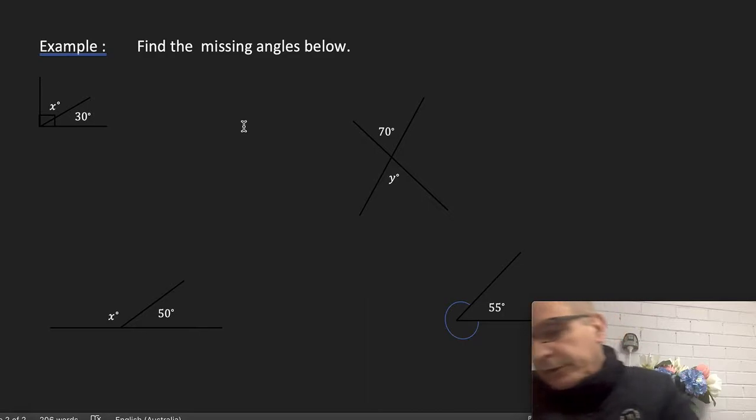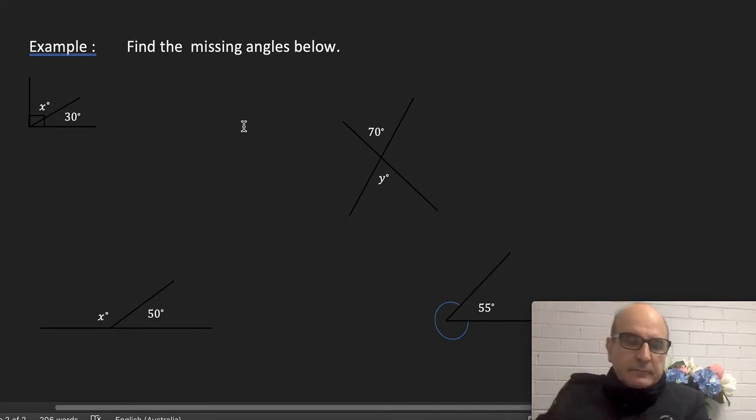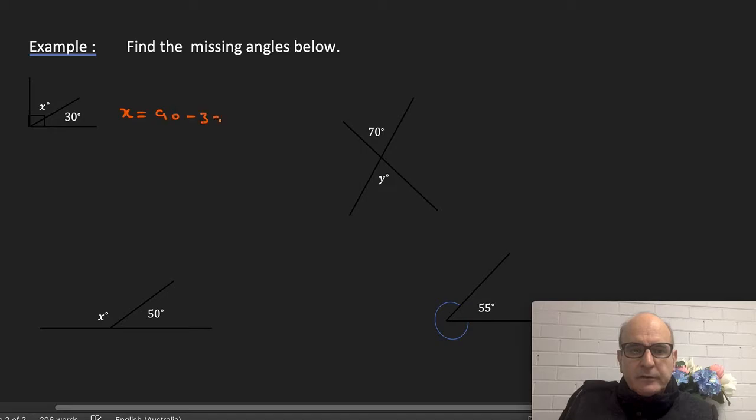The first one is angle X. As you can see, between them they are making up 90 degrees. So then X will be 90 degrees minus 30. So that gives me X equal to 60 degrees.